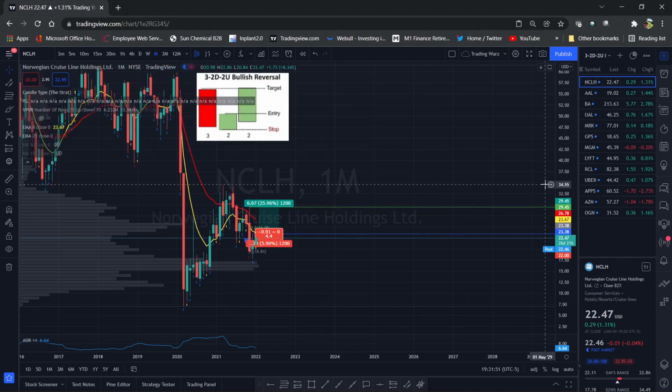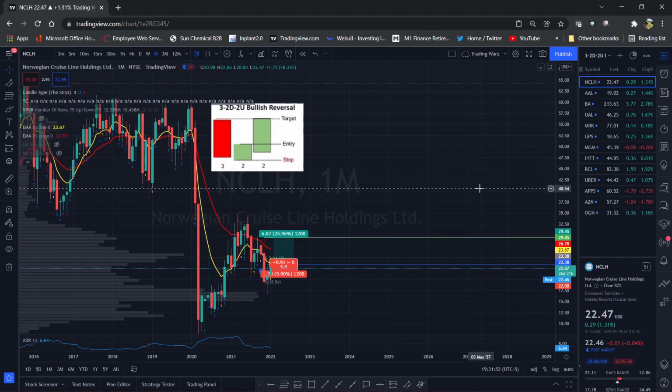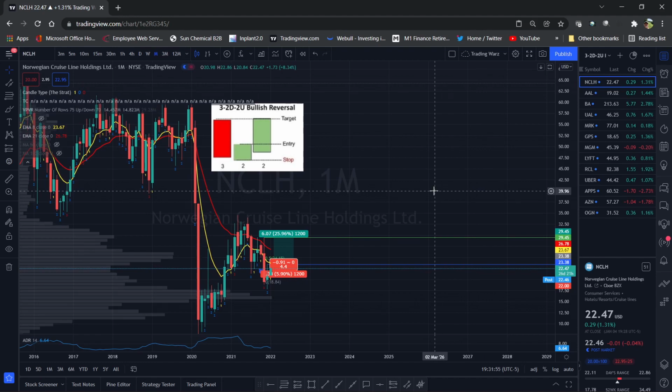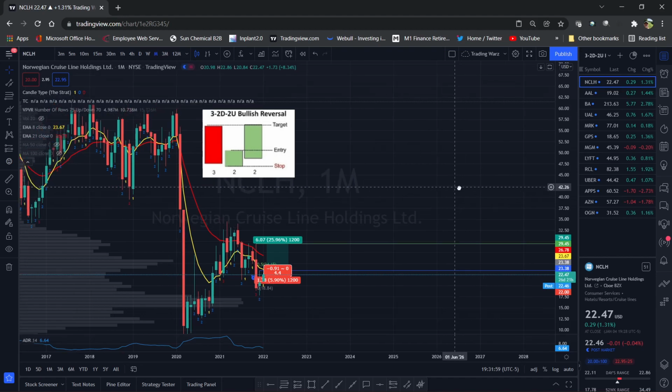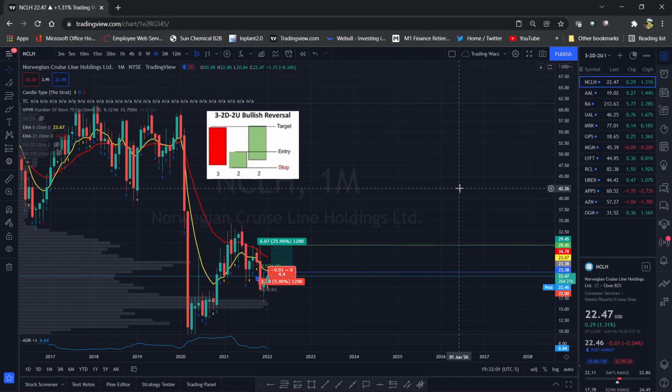Which is good because I think over the next few weeks, I'm hoping that the Omicron will be in the later stages, and travel is really going to pick up.